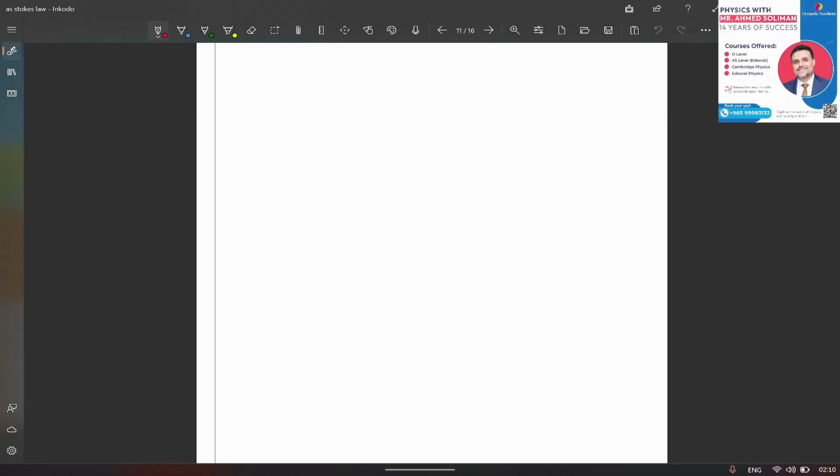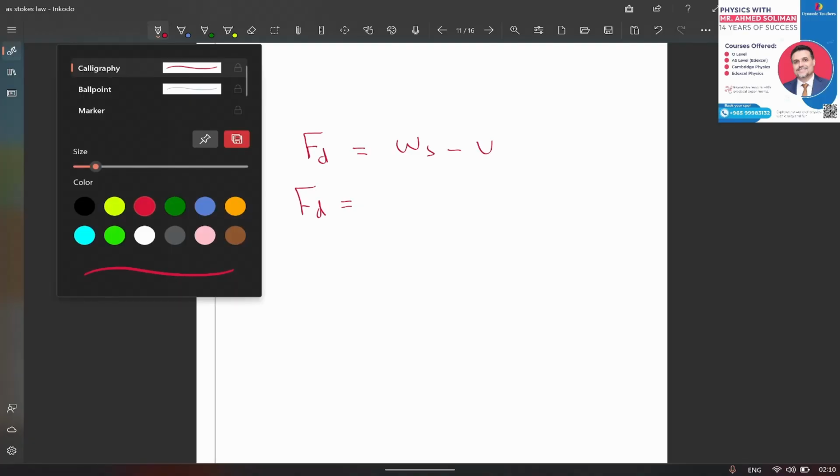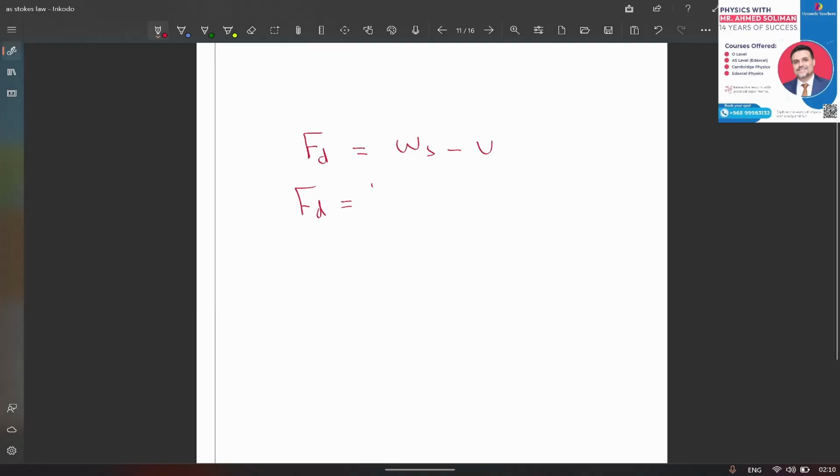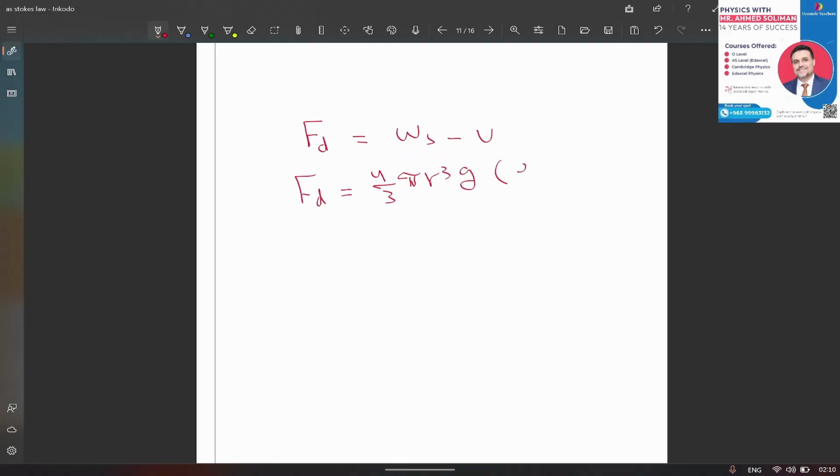So I can write finally, in this case, if F D equals W S minus U again, so I can write F D equals what? 4 over 3 pi r cubed g (rho s minus rho l).